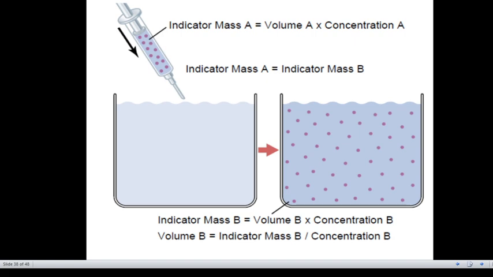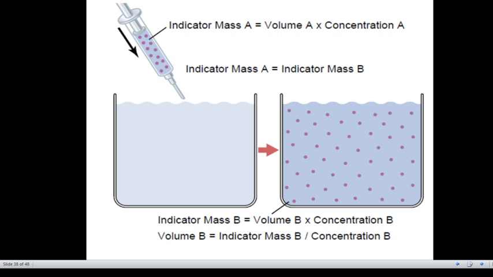In the example shown in this figure, a dye is injected into a chamber and it is allowed to disperse until it becomes mixed in equal concentrations in all areas. Then a sample is removed and analyzed.